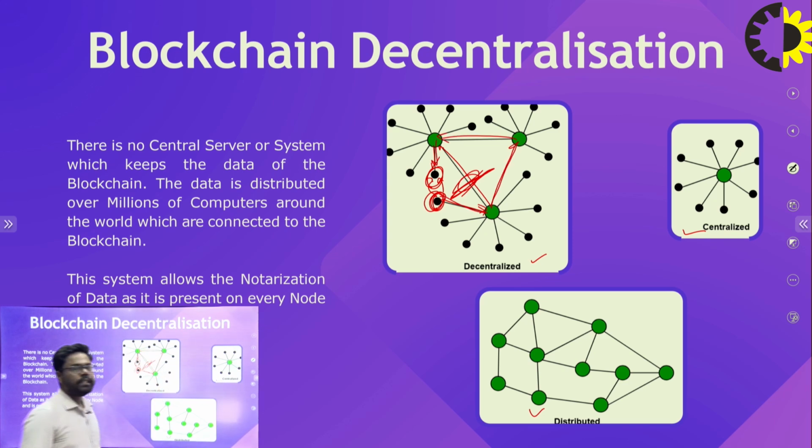So decentralized means you don't have to think that your data is going to be lost, because we give the data to all the nodes and it is shared. And the distributed is the best part from my side. In the distributed network, all the nodes are individual and they are connected to each other.